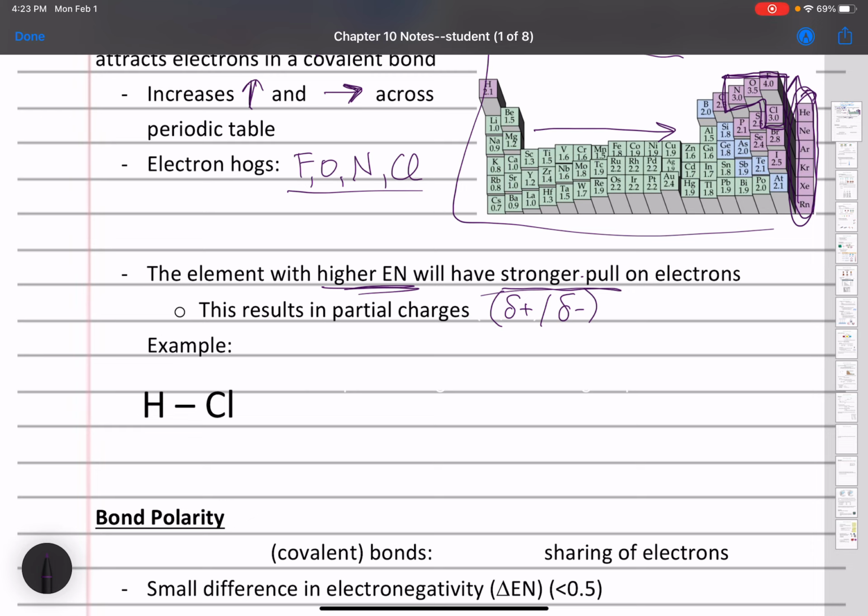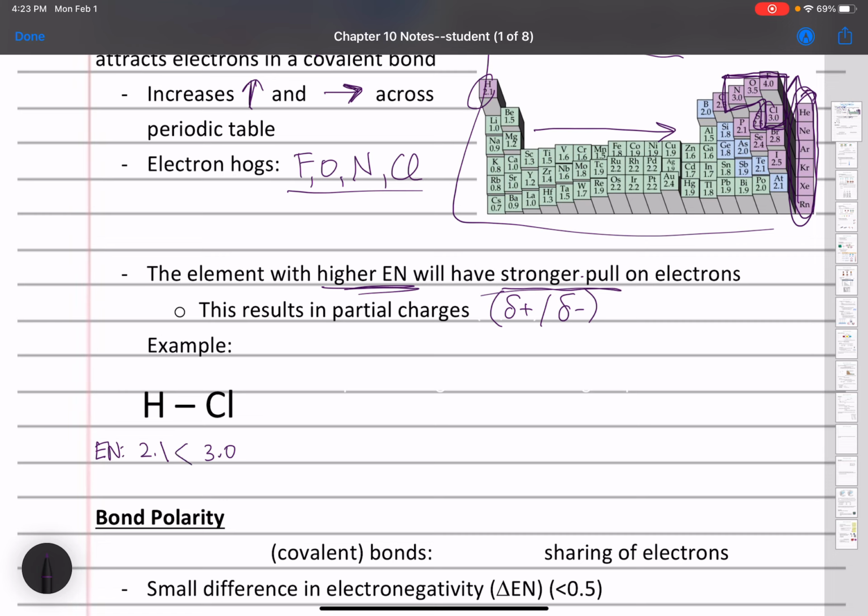So an example that I have here is hydrogen bonded to chlorine, HCl, hydrochloric acid. So if we look at this table up here, hydrogen has an electronegativity of 2.1, chlorine has an electronegativity of 3. So chlorine's is greater than hydrogen.